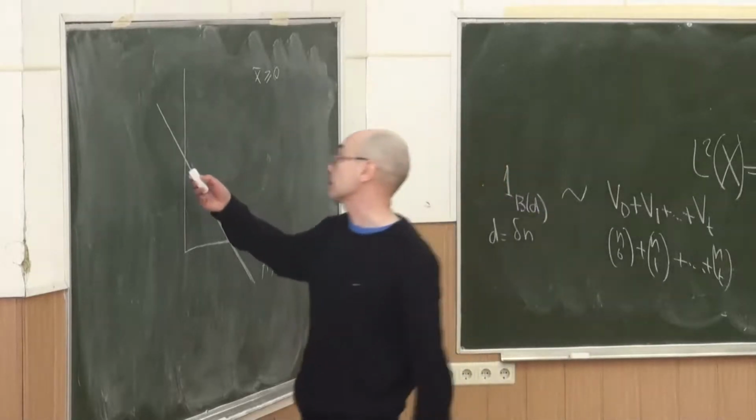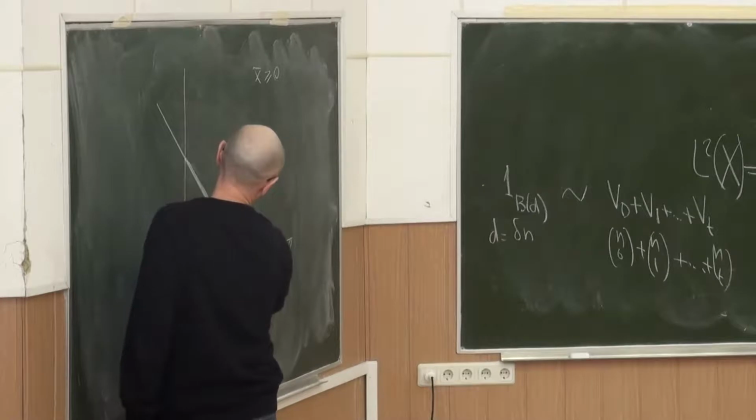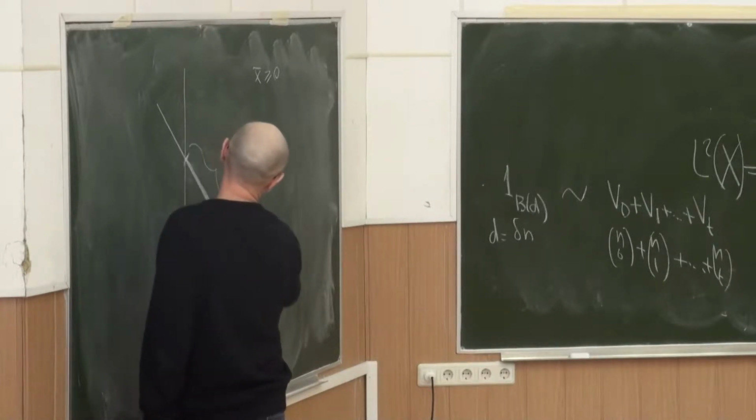So in this case, the Knapsack Polytope is just a segment. So this is the Knapsack Polytope.